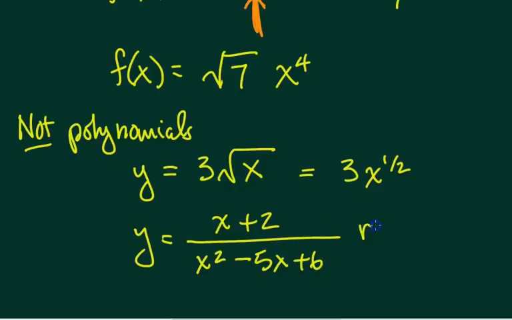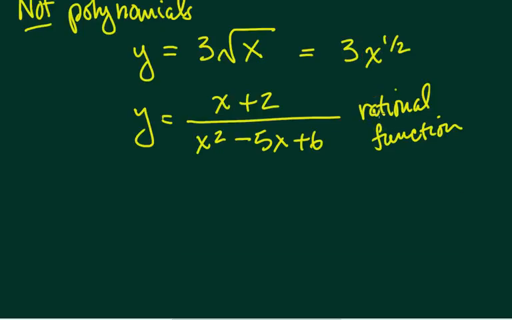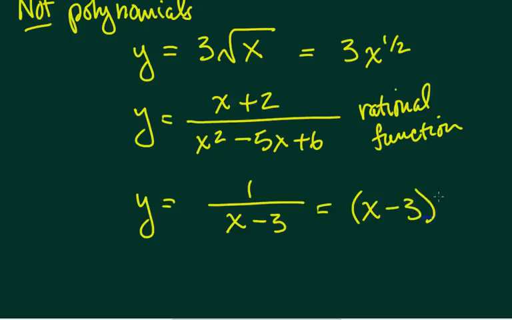This is called a rational function, and it has very interesting properties that we're going to study soon enough. And while it has polynomials in it, it is not a polynomial itself. Here's another rational function. I might want to write this one as x minus 3 to the power negative 1.